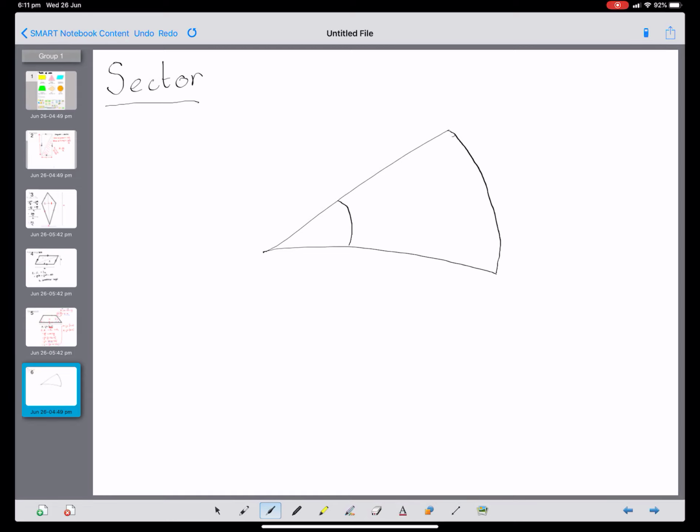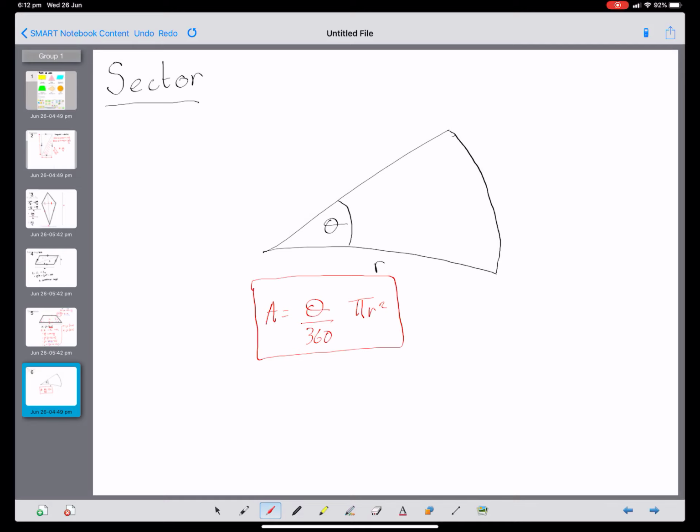This is our angle, theta, and we have a radius. Okay, so I'm going to tell you that the area of a sector is theta over 360 multiplied by pi r squared. Now pause the video and see if you can come up with this formula.